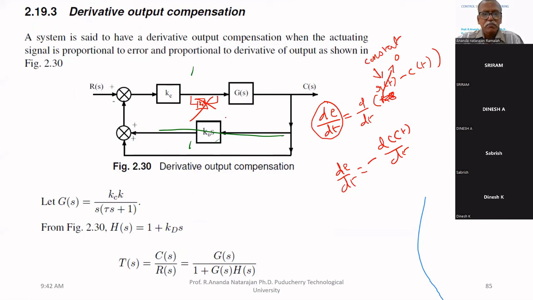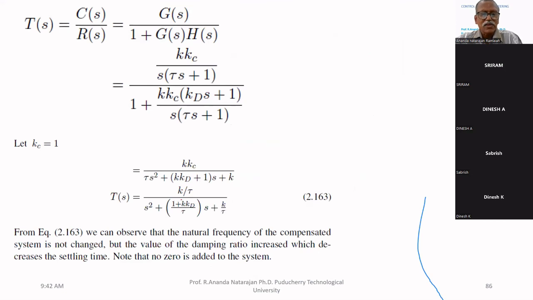What is the feedback path? The feedback path is 1 plus KDS. Am I correct or not? These two are parallel. So if you simplify this, finally you will get the same as what we got in the forward path. Instead of 1 by tau, we got 1 plus KD times 1 by tau.